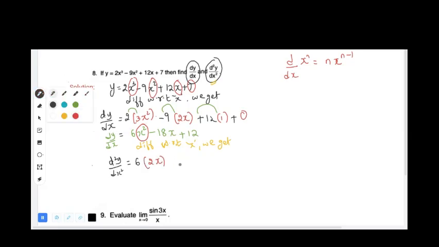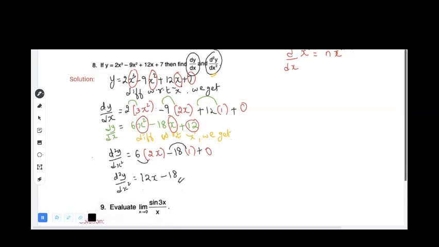Then minus 18 as it is. Differentiation of x will be 1. Then plus differentiation of constant will be 0. So overall d square y by dx square is 6 into 2 is 12x minus 18 into 1 is 18. So this is the required solution.